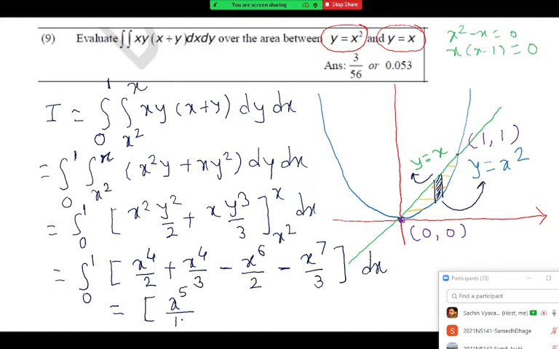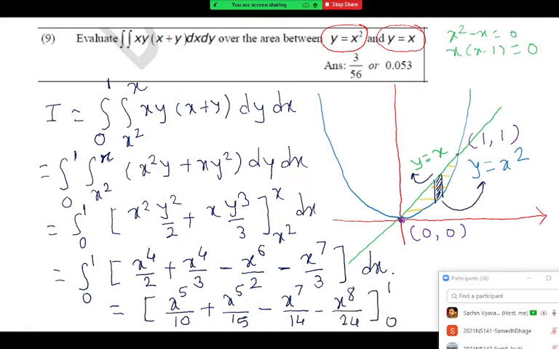So I will take x raised to 5 by 10, x raised to 5 by 15, x raised to 7 by 14, and x raised to 8 by 24.